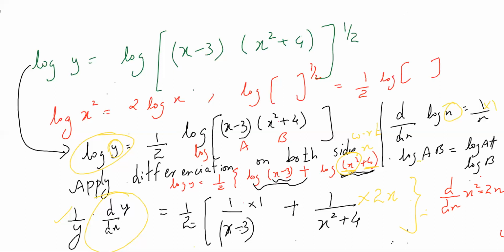So if you're done with this, that's it. You've completely understood. This is one of the difficult problems in logarithmic differentiation. But the question is to find dy by dx. So what is my next step? What I will do? I will just put this y here. So which means it will become what?